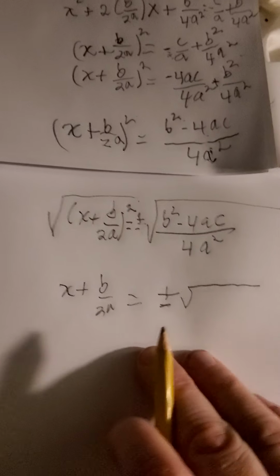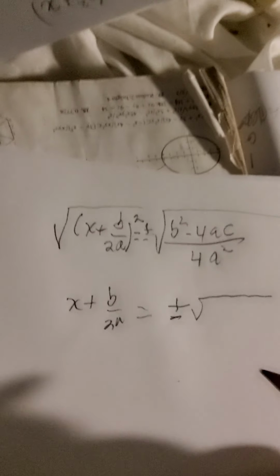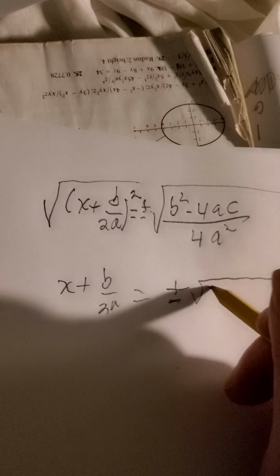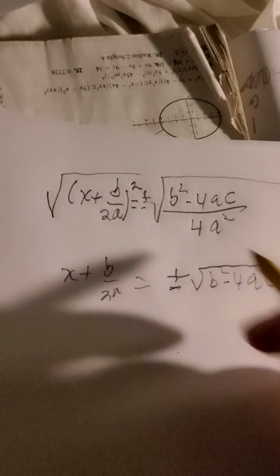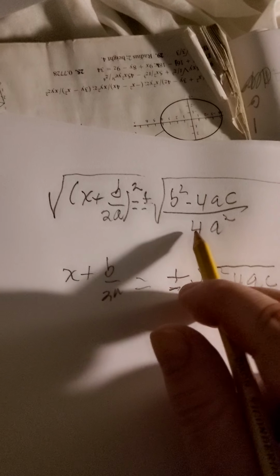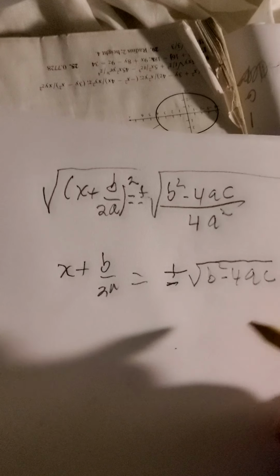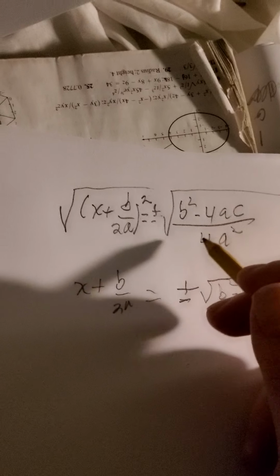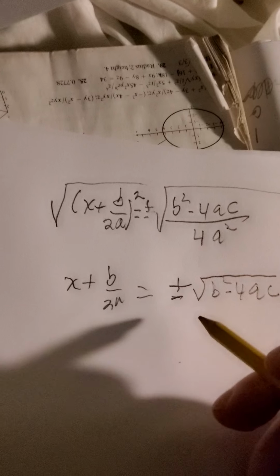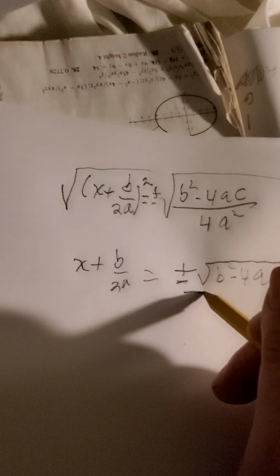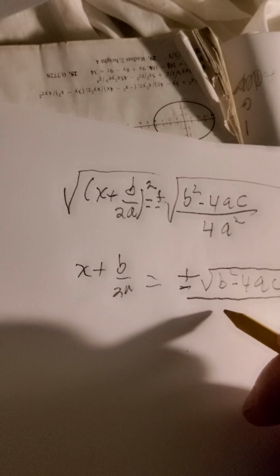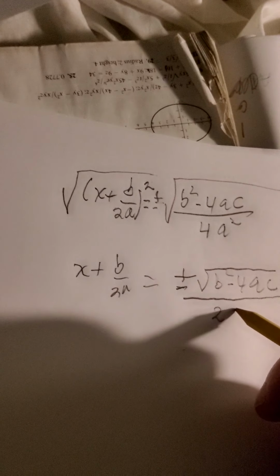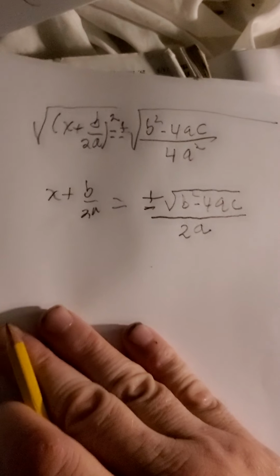Okay, square root of this, b squared minus 4ac. What's nice about this denominator is the square root of 4 is 2, and the square root of a squared is just a.